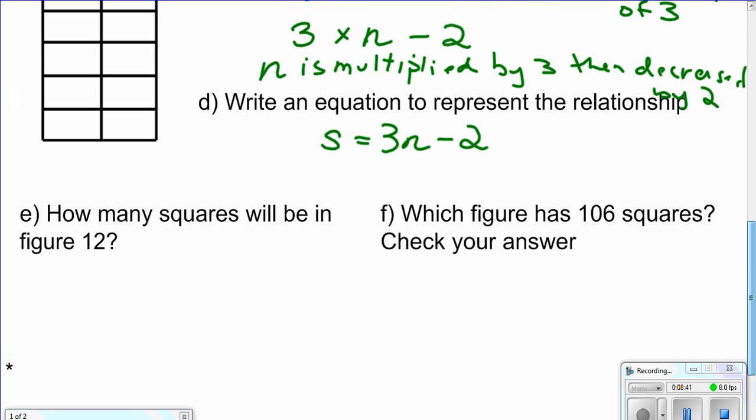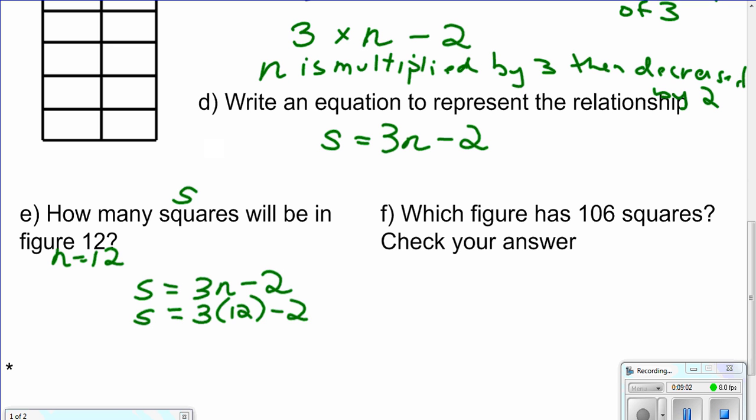So now it says how many squares will be in figure 12. So what that's saying is, what is s when n equals 12? So write our equation, s equals 3n minus 2. So s equals 3, so n is 12, so I'm going to replace n with 12. 3 times 12 is 36, take away 2, so s is 34.